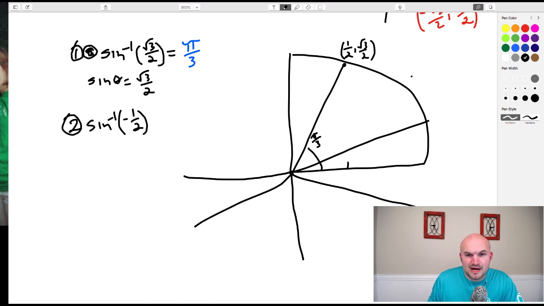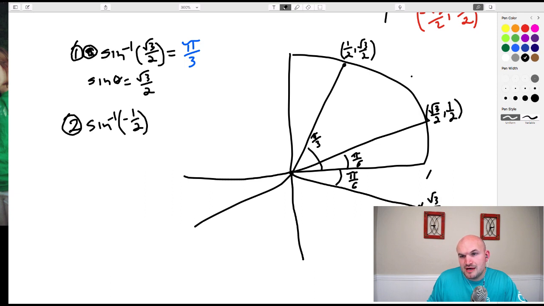So this angle, pi over 6, gives us the coordinate point square root of 3 over 2, comma, 1/2. Now, if I take this point and reflect it across the x-axis, you can see that my y-coordinate is only going to be negative.